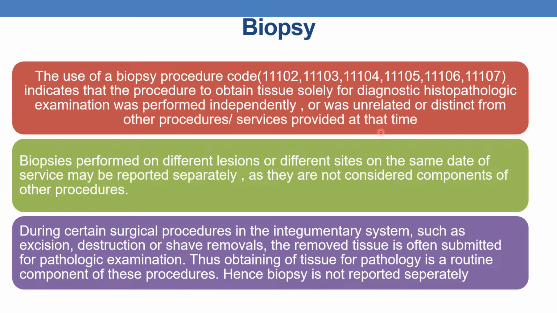In simple words, we need to report a biopsy code in the range 11102 to 11107 whenever the procedure is to obtain tissue solely for diagnostic histopathological examination and that procedure is independent and unrelated to other procedures or services provided at that time.